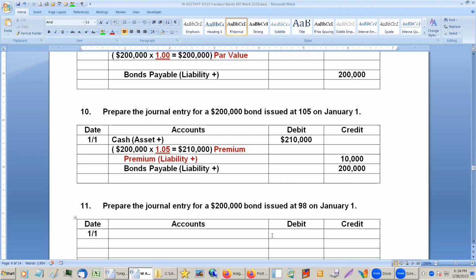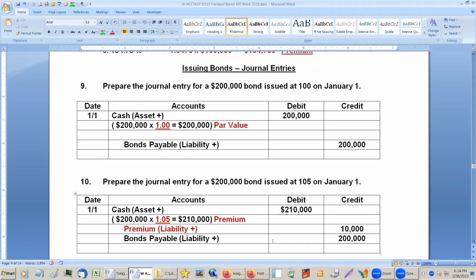So fast, I'm a little confused about that. Yeah, it is confusing. I thought it was, so it's not a gain by you getting more, but you have to still pay the premium back too. Yeah, and if you were to buy those bonds back immediately, you'd have to pay that premium.